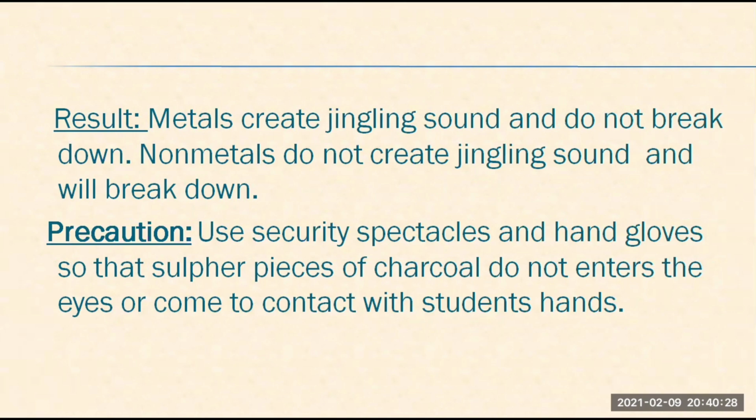For example, gold. When a goldsmith makes different types of nice jewelry, they use gold because it is a metal, and because of its metallic properties they can easily make jewelry. With non-metals it is not possible, because when you want to bend them, they will be broken. If anybody hits them, they will be broken.